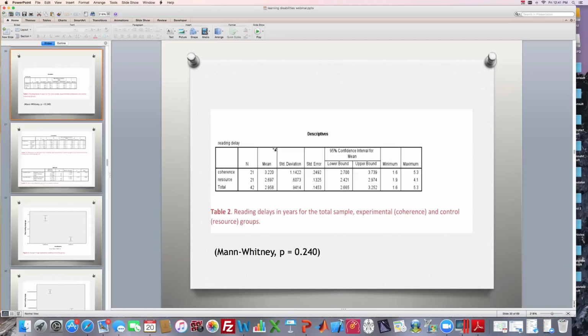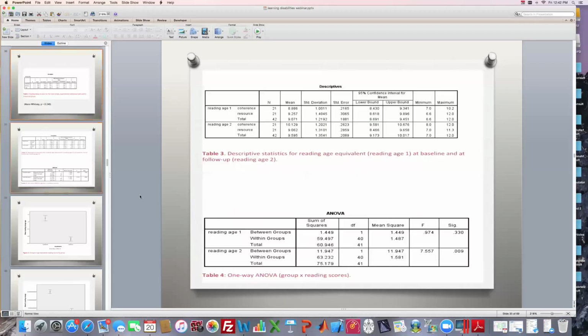Okay. So here's our two groups, the coherence versus the resource room group. And this is initial reading delay scores, where there was no significant difference between the groups. These are descriptive statistics of reading age 1 and reading age 2.